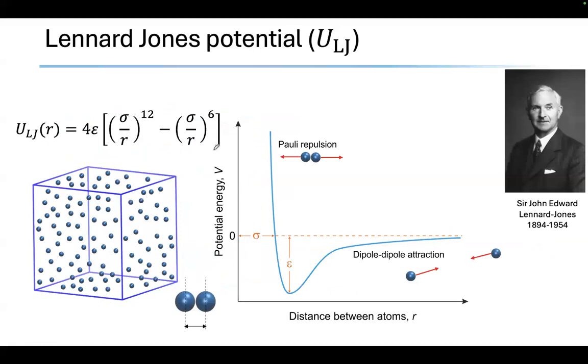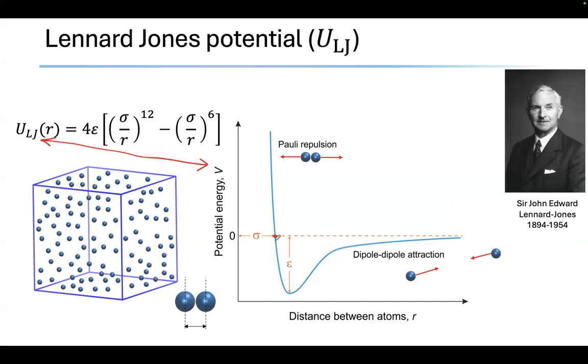Now, just to put this together and to show you the different regimes all in one plot, this is how it looks. The y-axis is once again the U Lennard-Jones, so please ignore the V here. It's the same as the ULJ that you see here. Now, sigma is the point where the potential energy goes to 0.